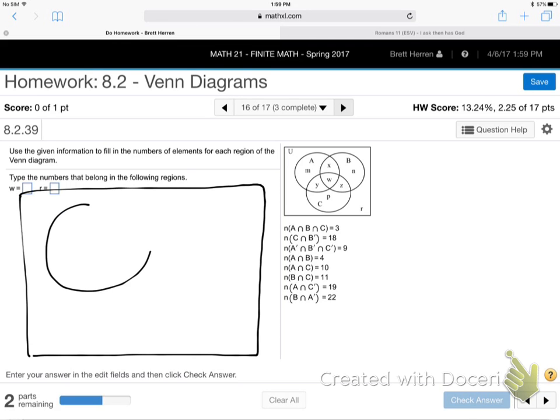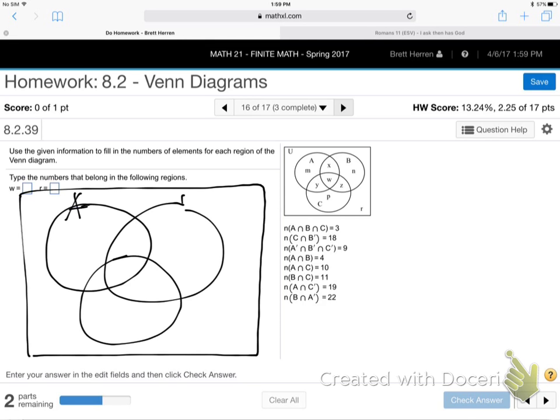So let's go through the facts and put in the numbers we can put in. Here we go. A, it's that first fact. A overlap B, overlap C. That's the very middle, isn't it? It's the overlap of all three circles. Does that make sense?